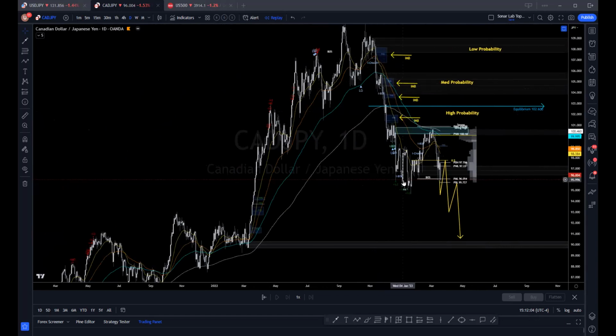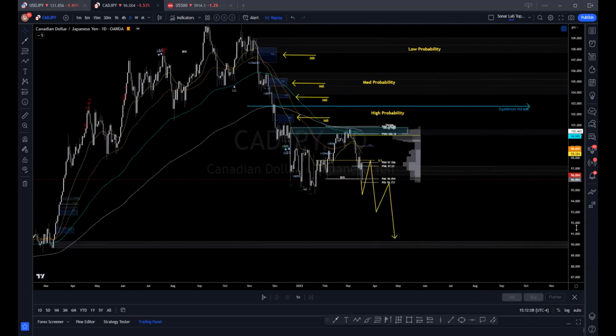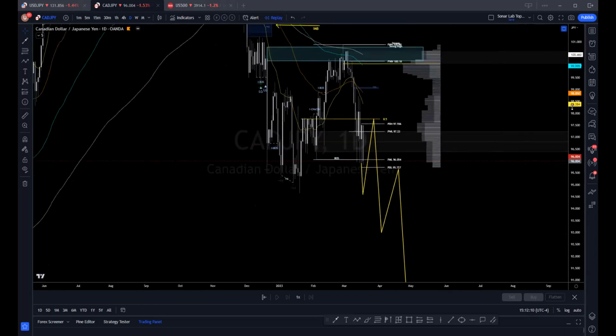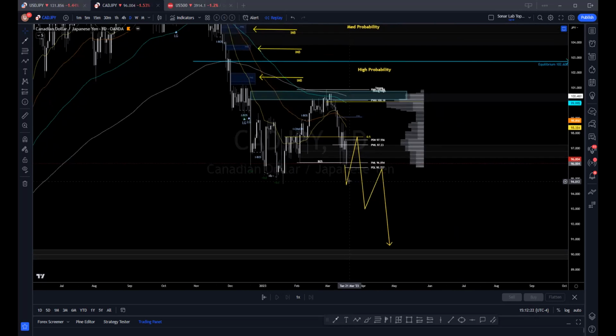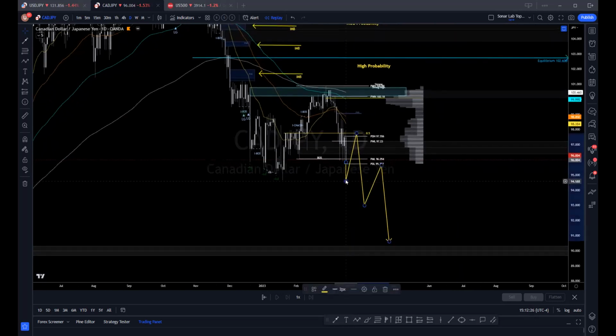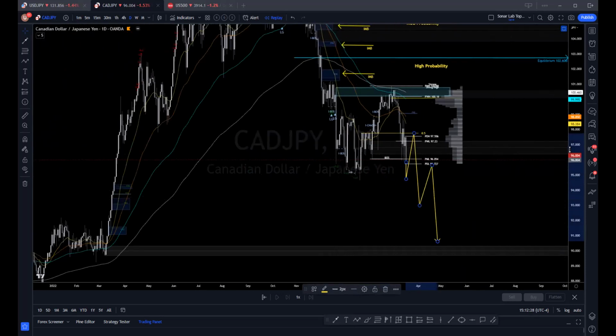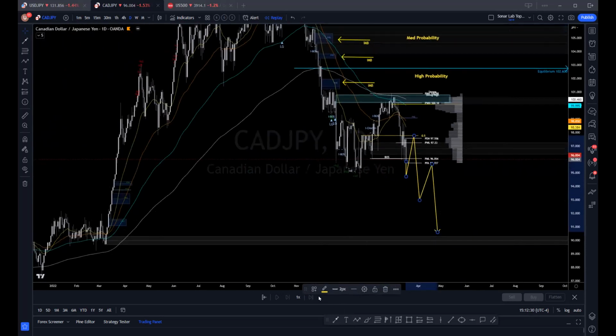Look at this nice range here, came back, and then we're looking for more bearishness here. We have not been able to take out this high of 100.4 on CAD Yen. So CAD Yen has been bearish all week, looking really sweet. So I'm looking for a little bit more CAD Yen weakness. I like that right there.